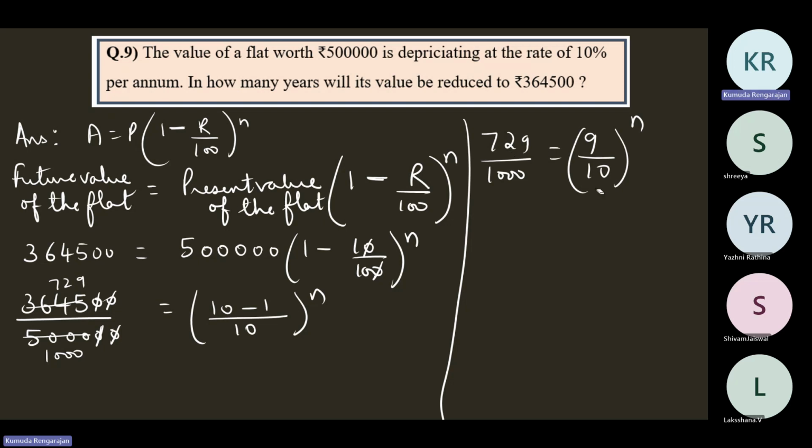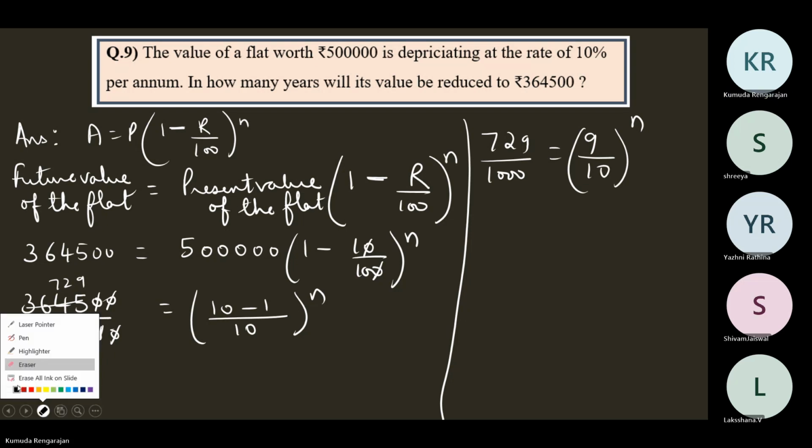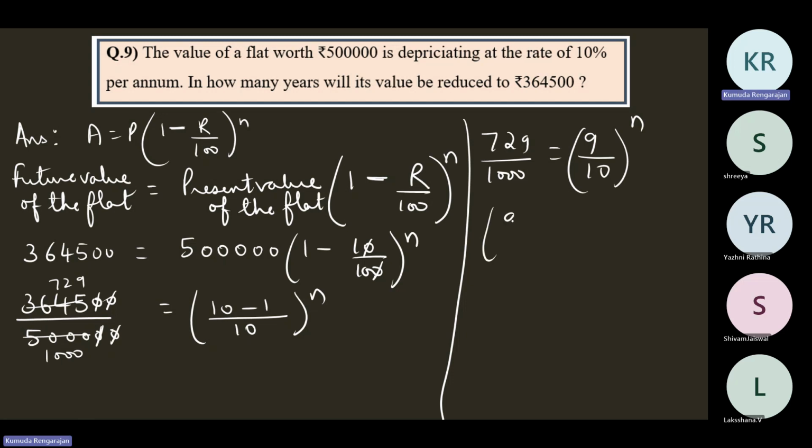So the base on the right-hand side is 9 by 10. We need to write the left-hand side also in the same base. So you need to write it as 9 by 10 to the power something. It's not difficult to find the power because you have 10 here. We know that 10 cubed is 1000, so the power should be 3. Please check 9 cubed also, that will be 729.